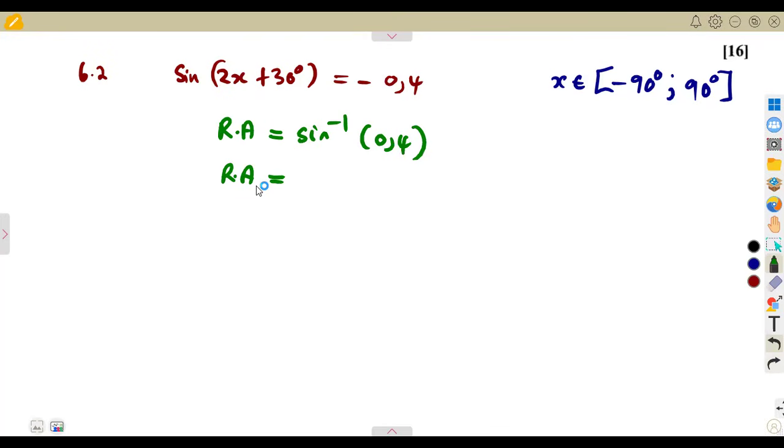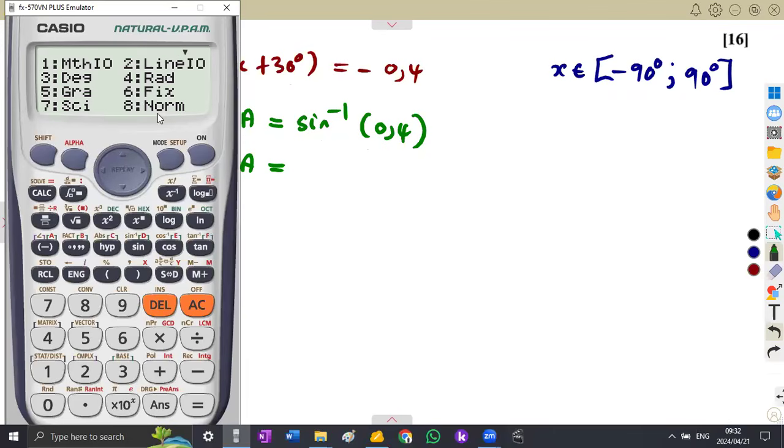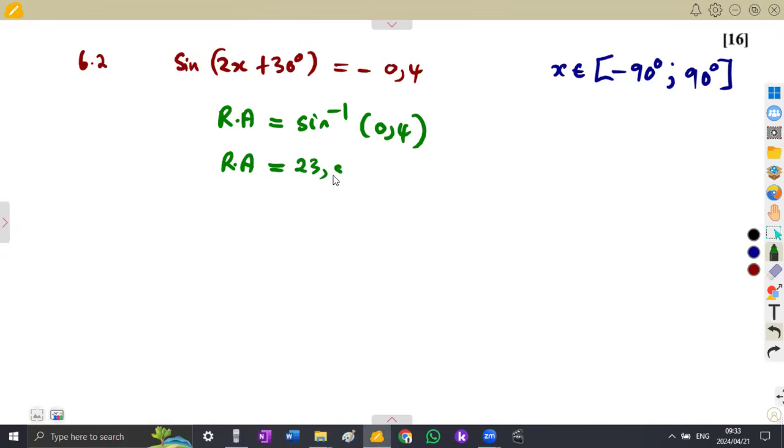All right. On your calculator, to 2 decimal places, set up your calculator, shift, fix it to 2 decimal places. So that is arcsine 0.4, which is shift sine. So this is 23.58 degrees.